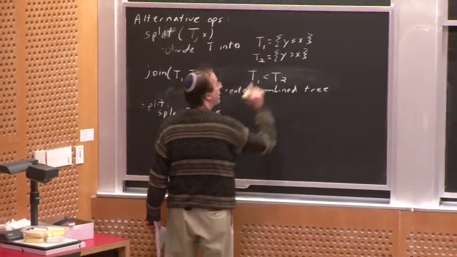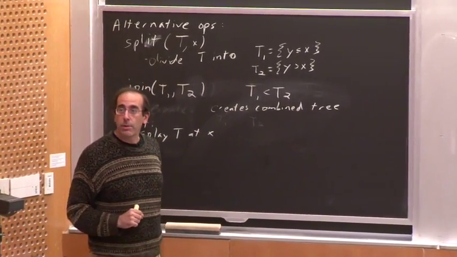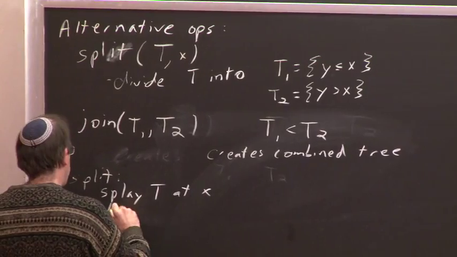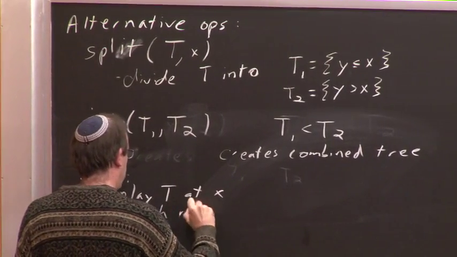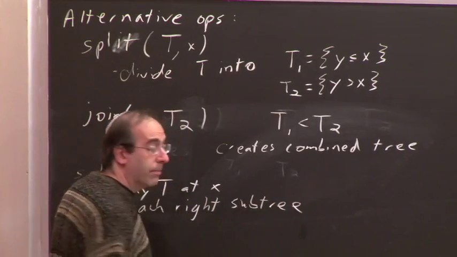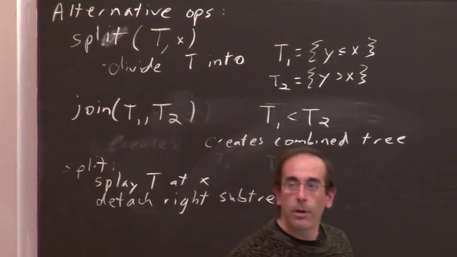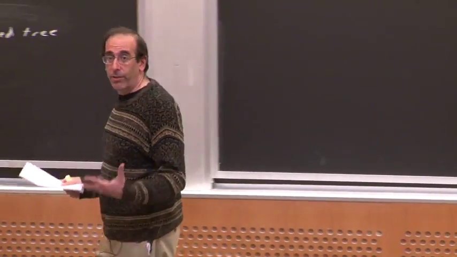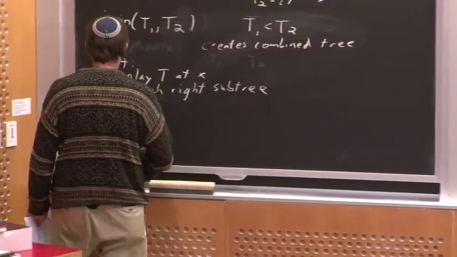Yeah, exactly. So since I've defined it to take the things less than or equal to X on the left side, what we're going to do is detach the right subtree. So now we have two trees, and we've separated the keys of the binary search tree.